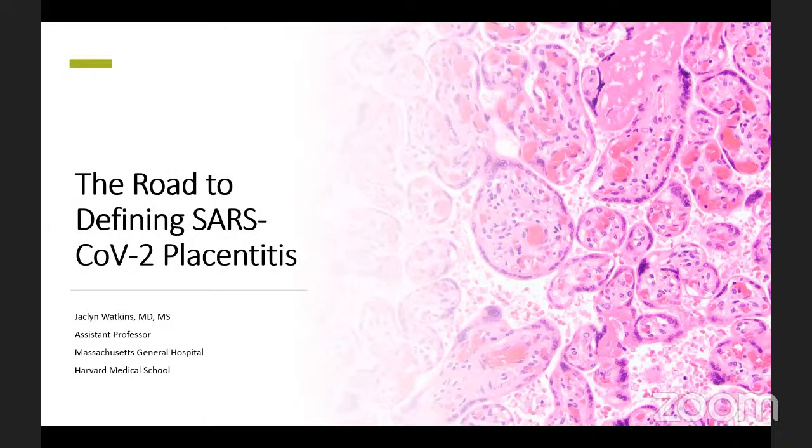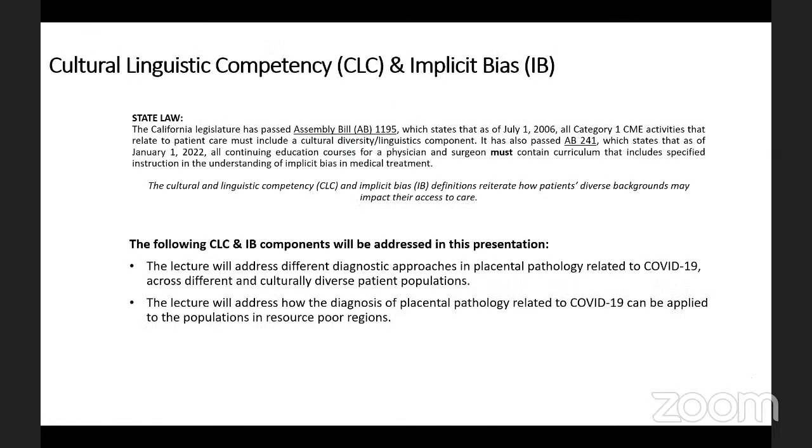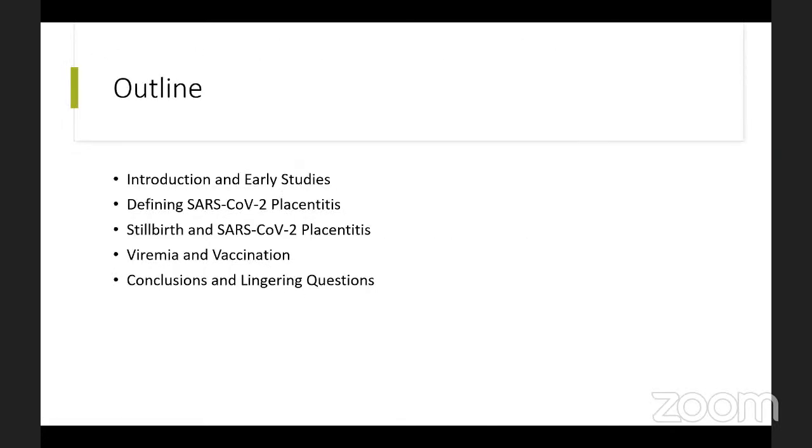All right, so the topic of today's talk will be the road to defining SARS-CoV-2 placentitis. By way of introducing the topic, I first have nothing to disclose. We'll go through an introduction and discuss the early studies on SARS-CoV-2 in maternal infection and placentas, and then go through the process of how SARS-CoV-2 placentitis was actually defined.